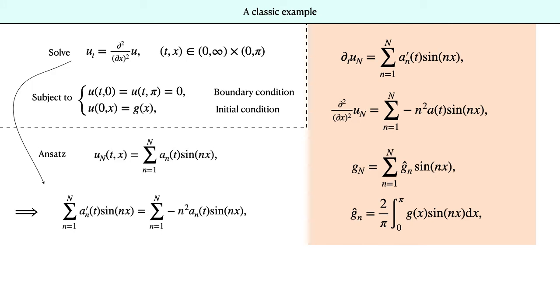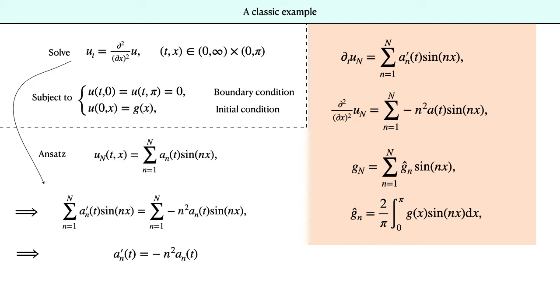Now, the only way this equation can hold is if the respective coefficients on each side in front of the same sin nx agree. So let me say that again. The coefficient in front of sin 1x on one side must be equal to the coefficient in front of sin 1x on the other.